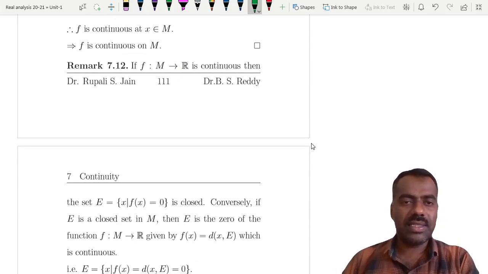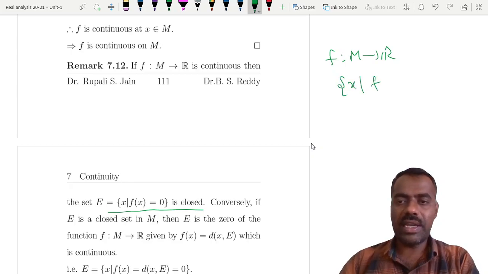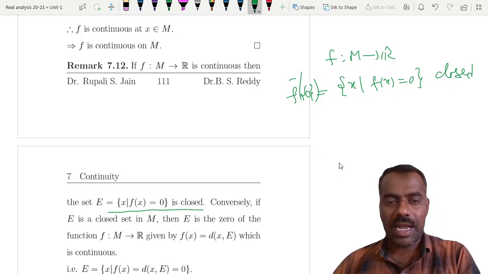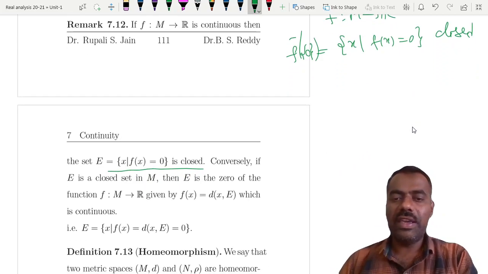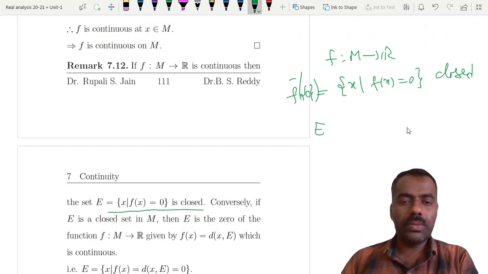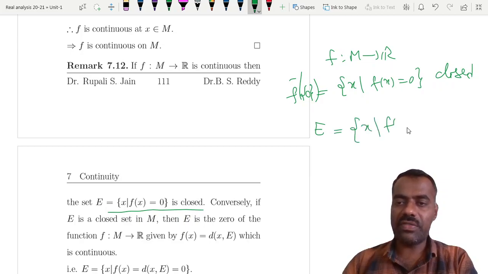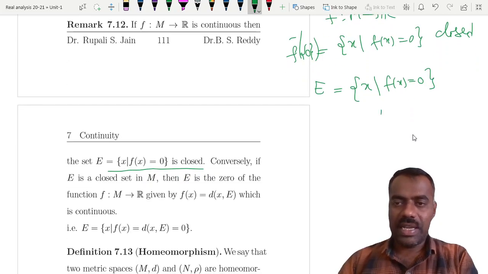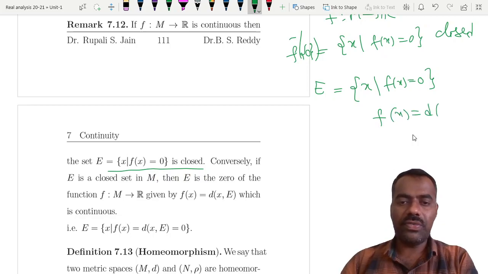You can easily see that whenever you have f maps from M to R, then the set of x such that f(x) is equal to 0 is closed, as we have already proved. Last time we discussed that this is nothing but f inverse of the singleton 0. Conversely, if you have a set E which is the zero set of a function, such that f(x) is equal to 0 exactly on E, what is that f here? f(x) is nothing but d(x, E).